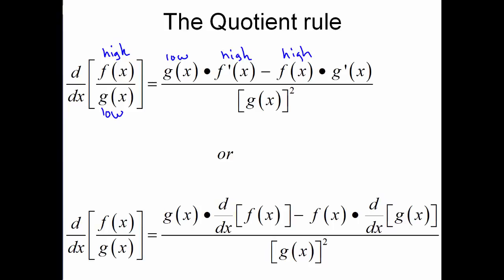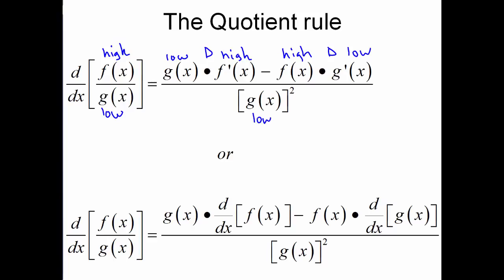So here's the saying. It's called low d high, because we need to take the derivative of the high function, minus high d low, because we need to take the derivative of the low function. So low function, low d high, minus high d low, d representing take the derivative, all over the low function squared.